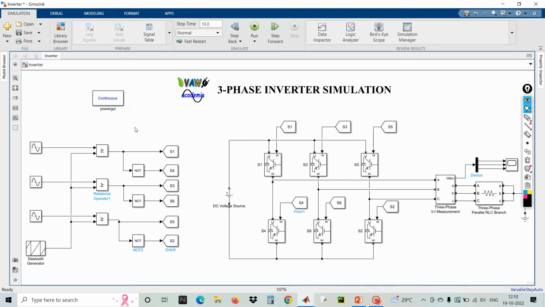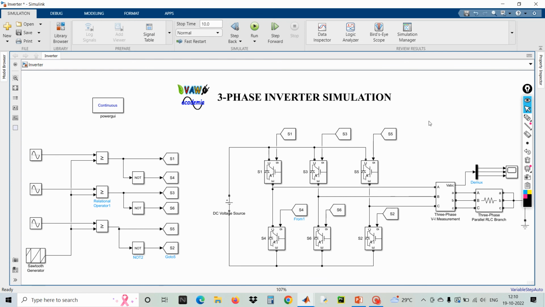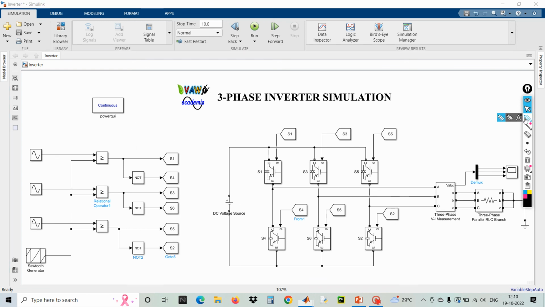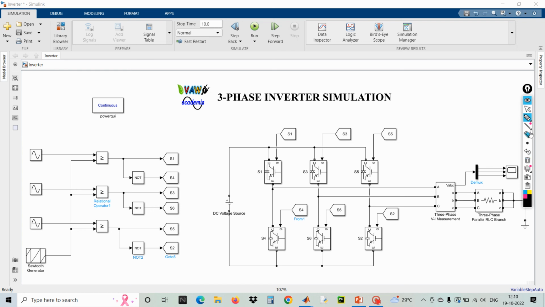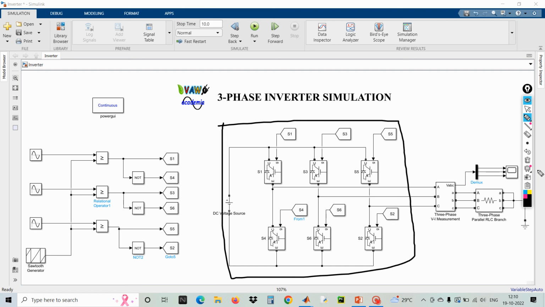So here, this is the three-phase inverter circuit. This part generates the gate pulses to the inverter circuit, and this part is the three-phase inverter circuit with the switches.